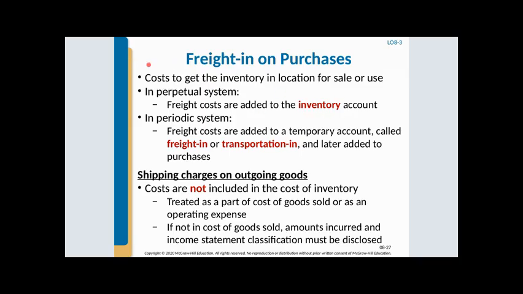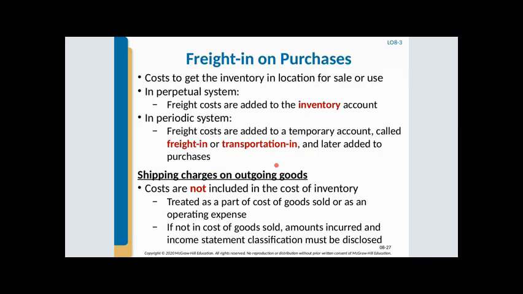So we're going to be debiting inventory and crediting cash, let's say, for the freight cost, for the insurance, for any sales taxes that we were charged. If we're using a periodic system, then we're going to have an account called freight in or transportation in, because remember that under periodic system, we're using purchases instead of inventory.